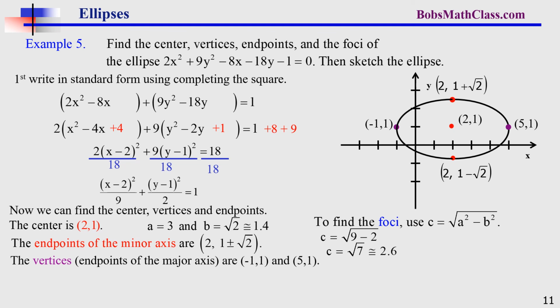So when we plot our points, we're going to go 2.6 to the left and 2.6 to the right. Or another way of writing that, again, we're adding it to the left and right of the x value, which is 2. So it's 2 plus square root 7, comma 1, and 2 minus square root 7, comma 1.